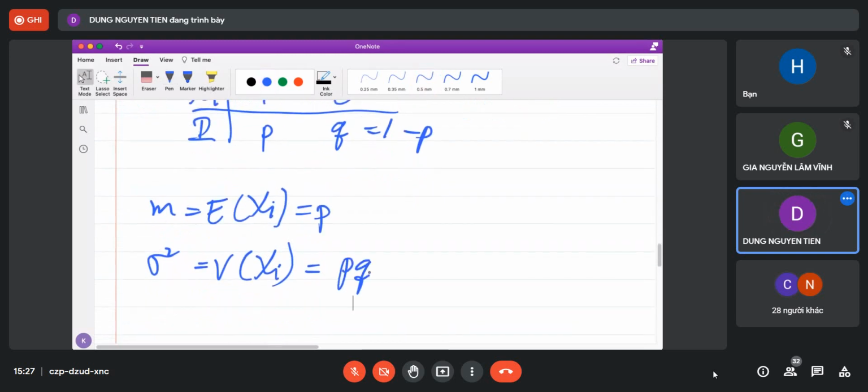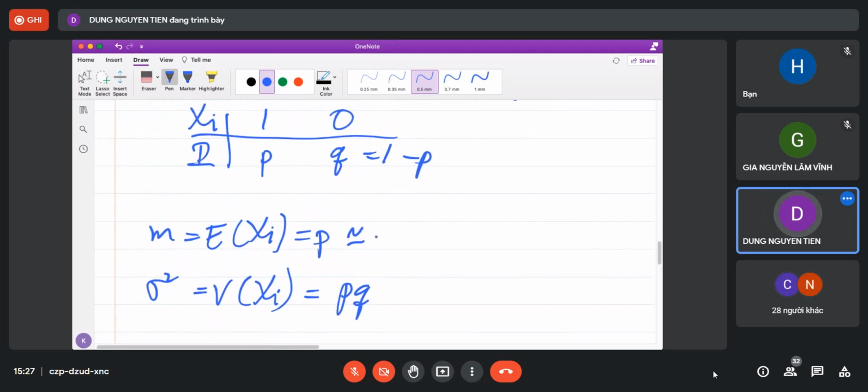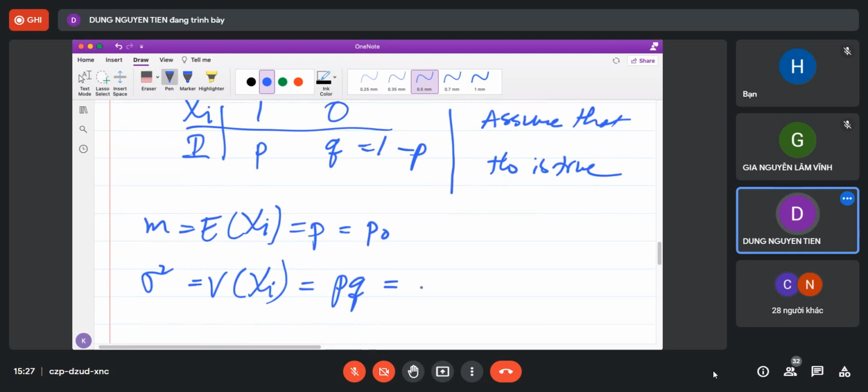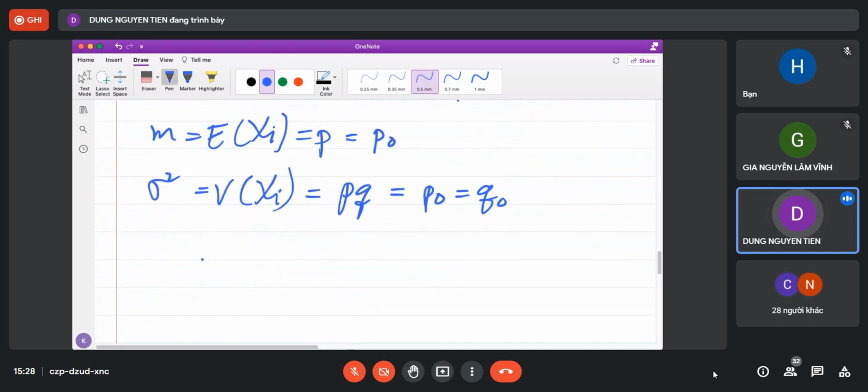All right. P can be approximated by P hat, but we're not going to do that in this case. In fact, we may assume that the null hypothesis is true, and then P equals P0, and Q becomes Q0.